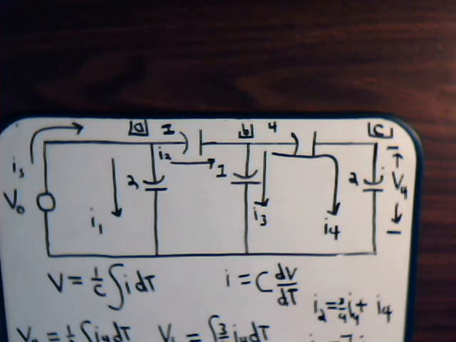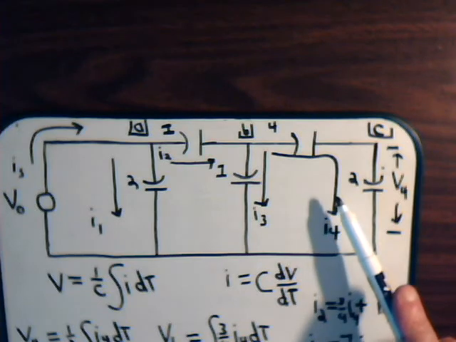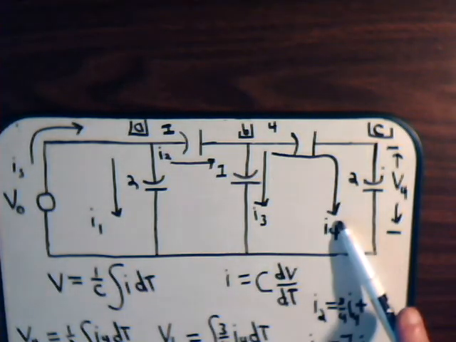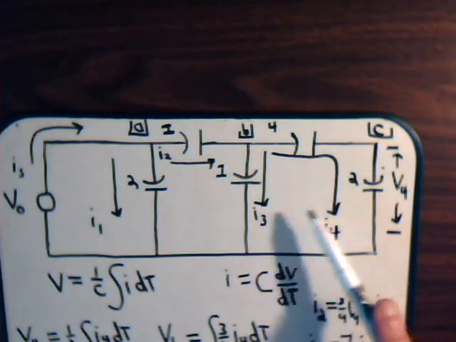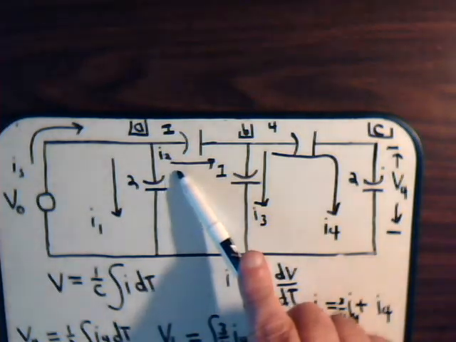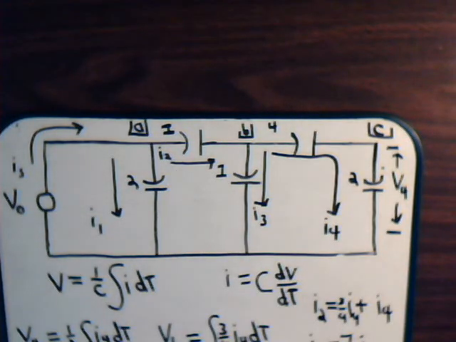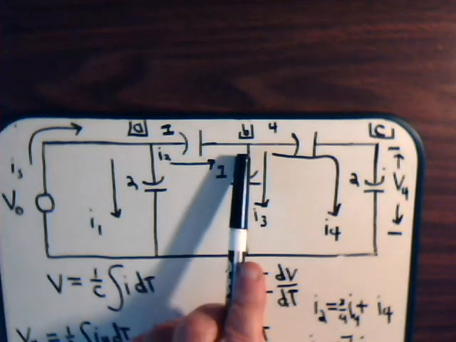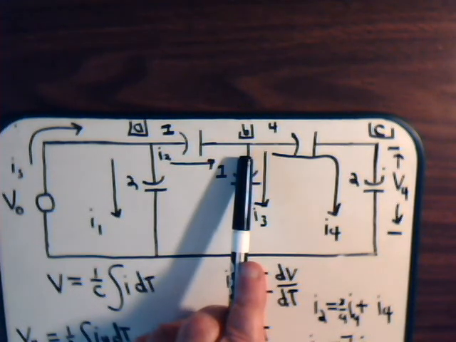Now, what can we do at this point? We know the relationship between I3 and I4 and I2 and I4. Where can we go from here? We know what this voltage is.